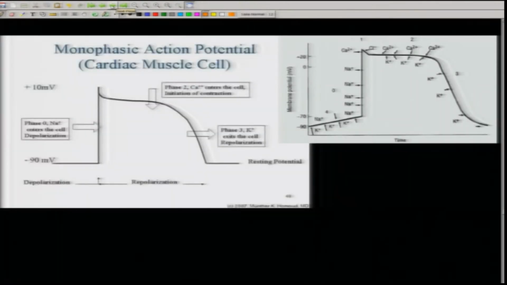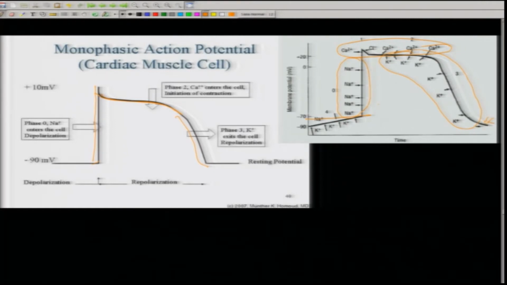If you see the action potential now of cardiac myocyte, they are coming from minus 90. This is that whole sodium phase, followed by a calcium influx here, followed by the potassium. So, you can divide it: sodium entry, followed by calcium entry, followed by potassium exit, and further potassium entry which is happening here.